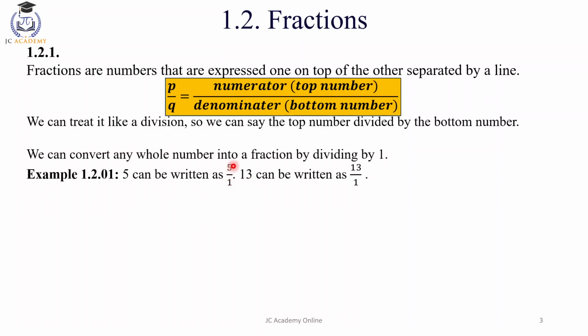The result would be exactly the same. It would just be 5, just another way of writing it. It becomes very handy when we're adding or subtracting or manipulating fractions, which you will see a bit later on in the lecture. The number 13 can be written as 13 over 1.